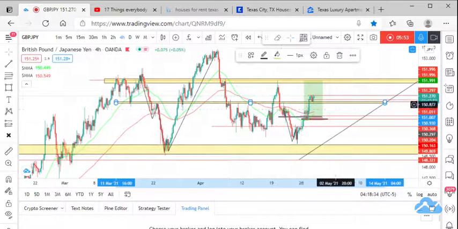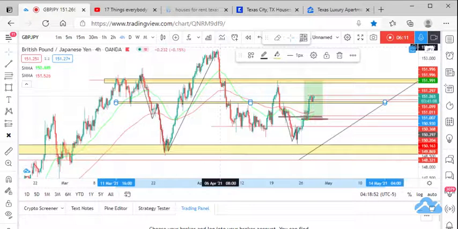So 6, 7, 8, 8 touches from this zone. So every time price hit this zone, it spiked. So it spiked up. Broke past that zone, touched that zone, spiked down. Broke past that zone, touched that zone, spiked up.